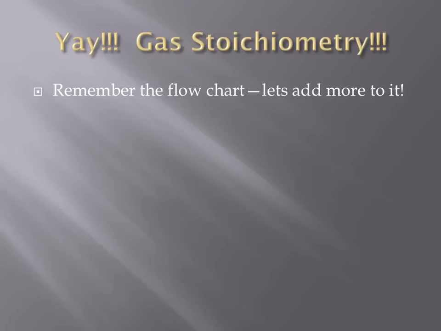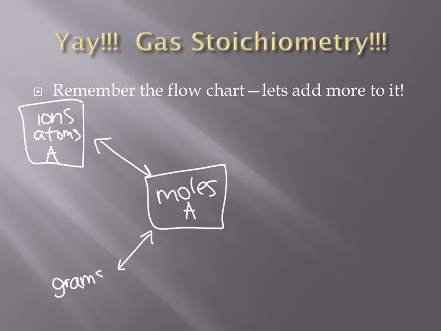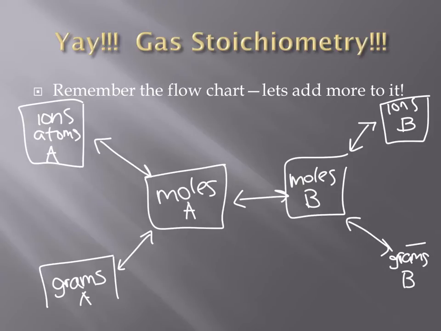So remember the flow chart? Up here we had ions or atoms or molecules of A, and we went to moles A. And down here, we had our grams A. And then we went to moles B. And then we had the same stuff up here, so ions B, I'm just going to write it that way because it's easier. And then we had grams B down here. How do you go from grams to moles? Periodic table, I'm going to use my molar mass.